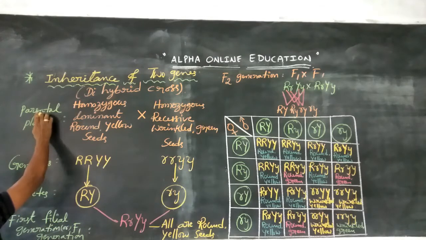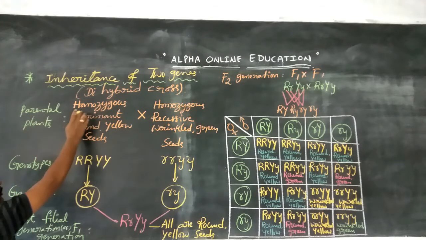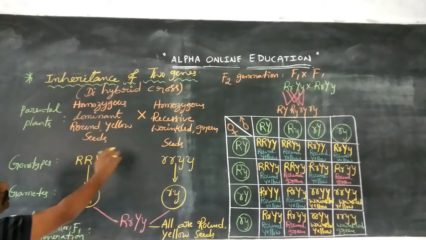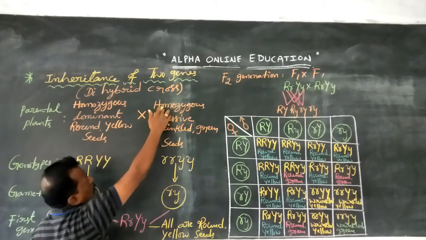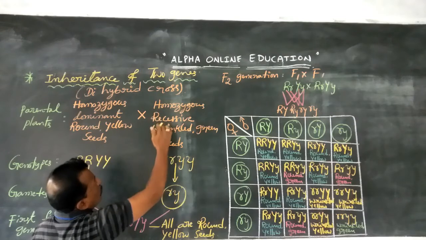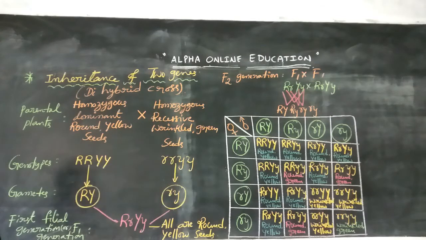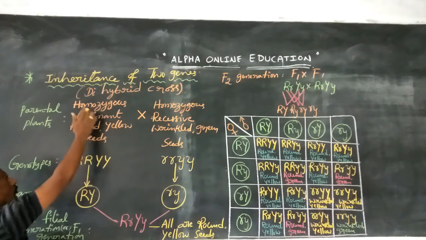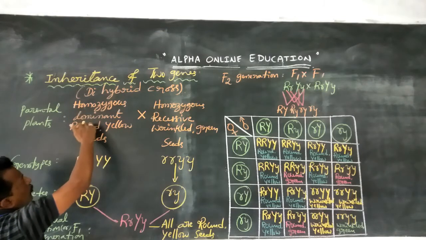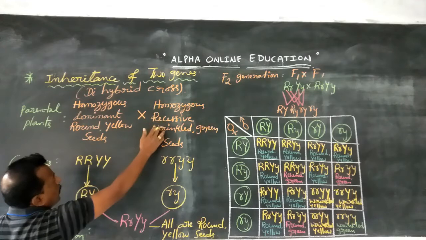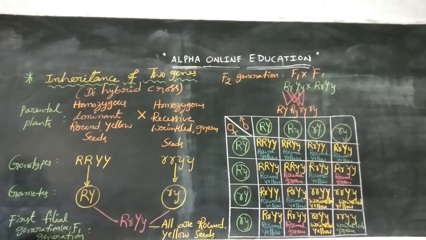One parental plant is homozygous dominant, round yellow seed. The other parent plant is homozygous recessive, wrinkled green seed. So homozygous dominant round yellow seeds are crossed with homozygous recessive wrinkled green seeds.